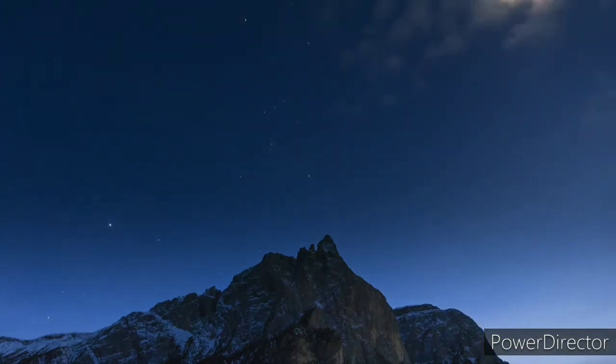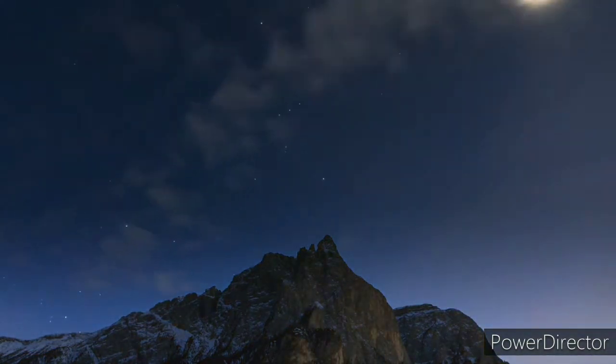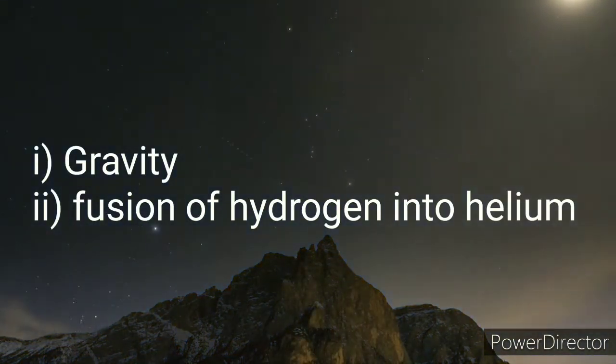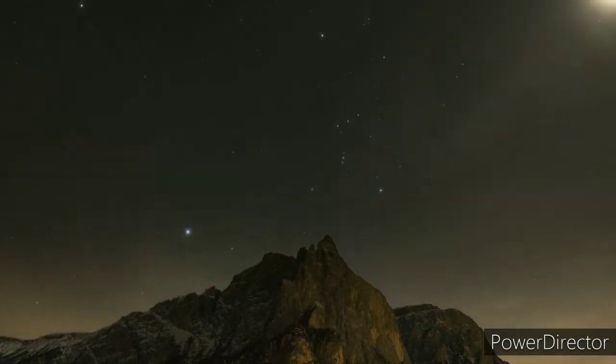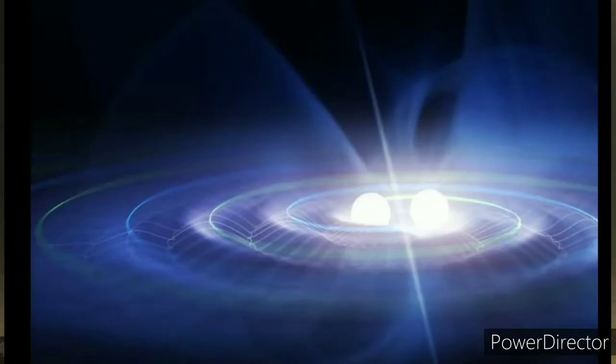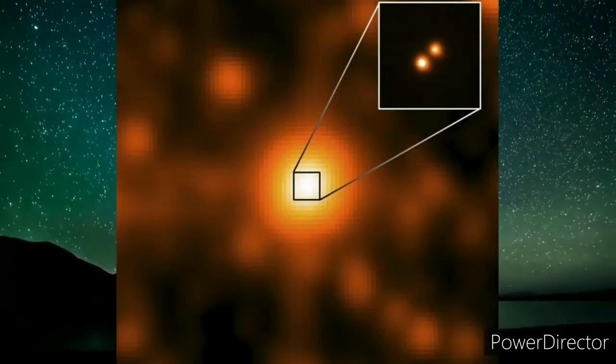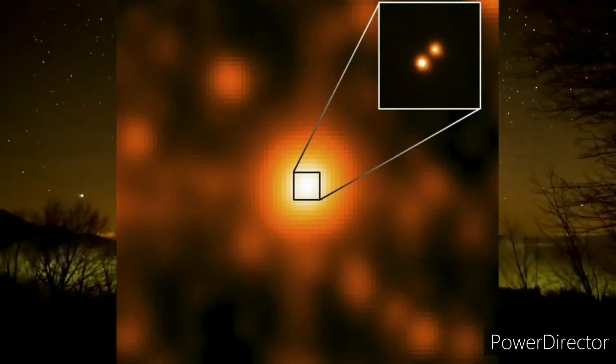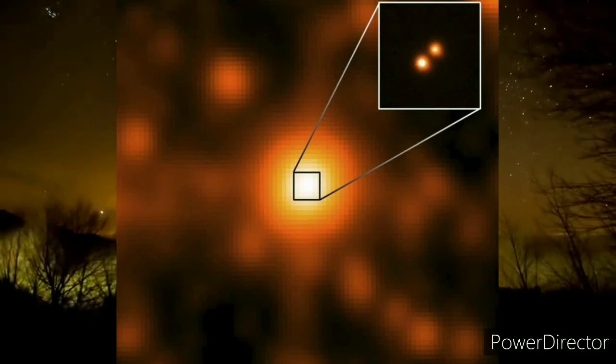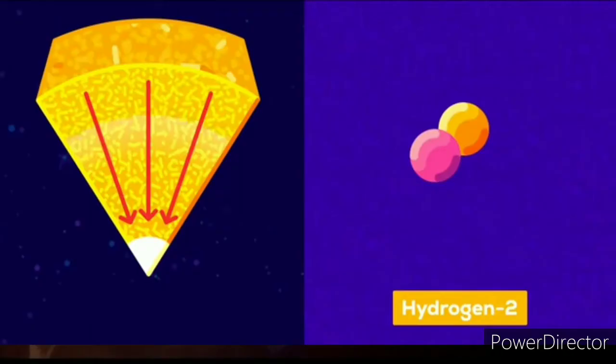A star works on two main forces, gravity and the fusion of hydrogen into helium. Gravity tries to collapse the star on its own weight. The counteraction is provided by the fusion of hydrogen into helium, which prevents the star from collapsing under its own gravity. As the star ages, the hydrogen supplies start running out.